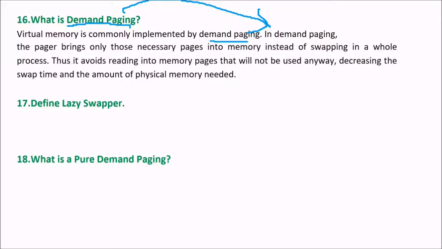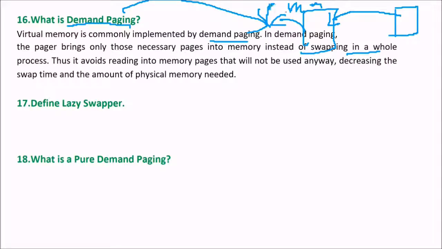In demand paging, the pager brings only those necessary pages into memory instead of swapping in a whole process. The naive idea is to bring the whole process into main memory and allow it to run on the processor. But in demand paging, it is not that.